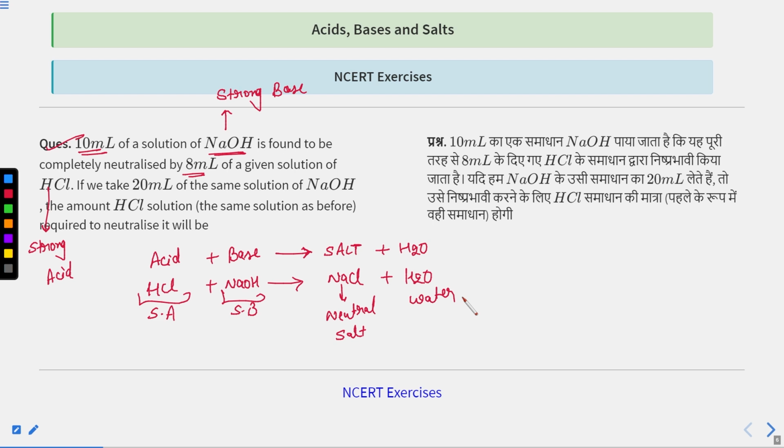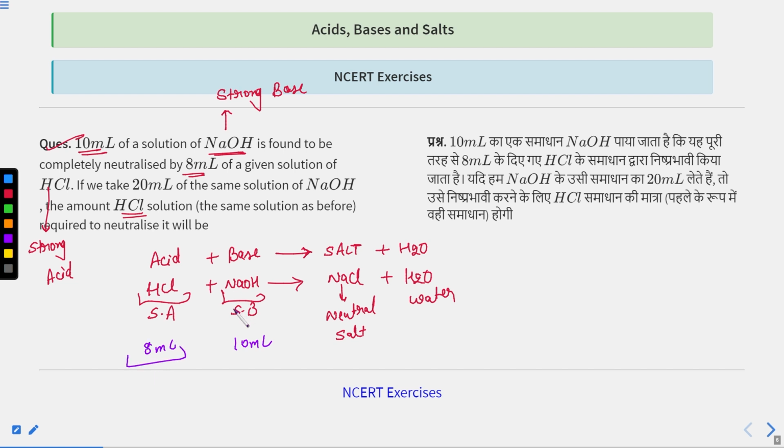Now you can read the question. If we take 20 ml of the same solution of NaOH, the amount of HCl solution, the same solution as before, required to neutralize it will be. You can see that 10 ml NaOH is neutralized by 8 ml HCl.